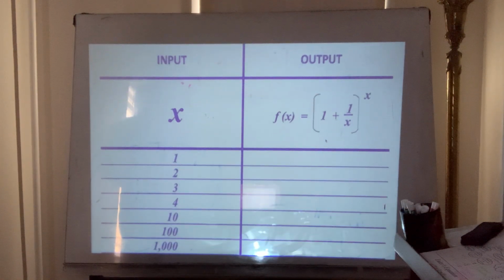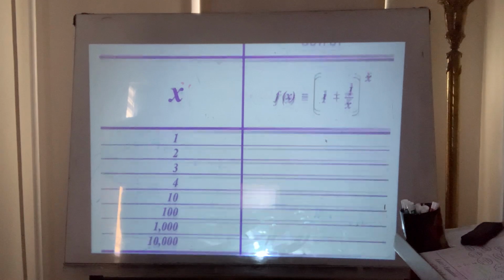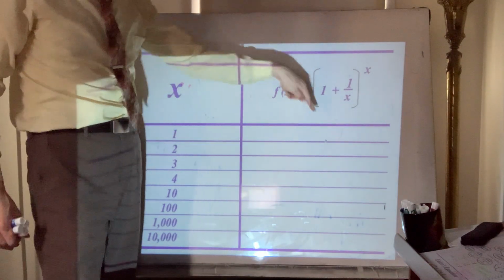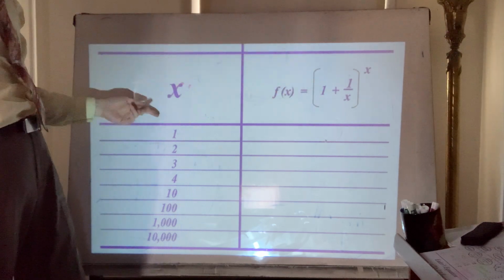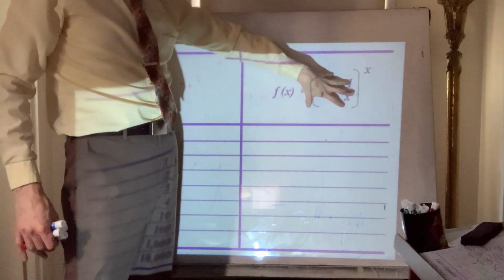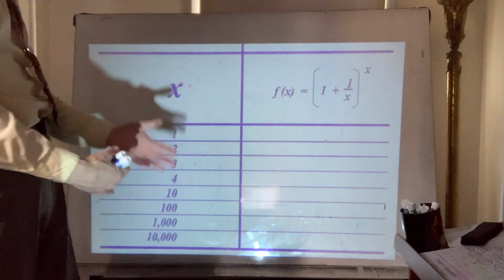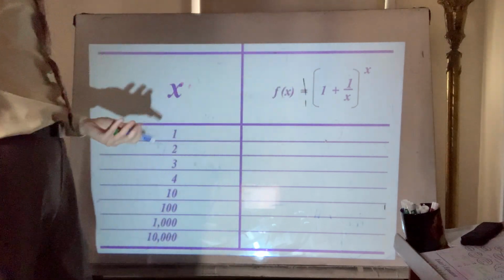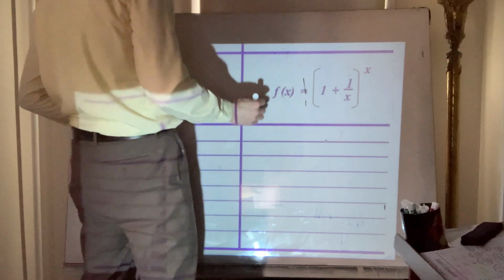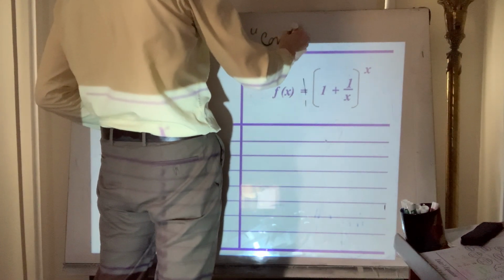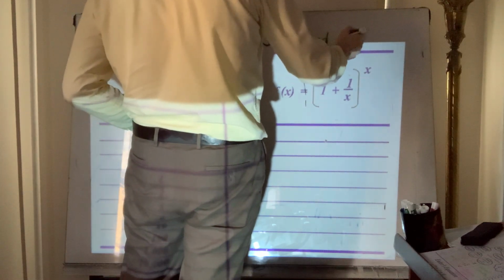Just like other brute force techniques for calculating something, you can produce ordered pairs, an x and a y essentially, by putting whatever x's you like into some function, following the order of operations because you're just sticking with the right side of the function. And calculate. This is a version of the compound interest formula.